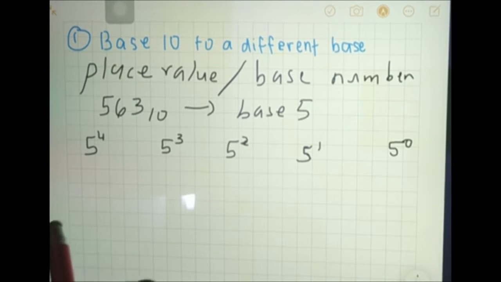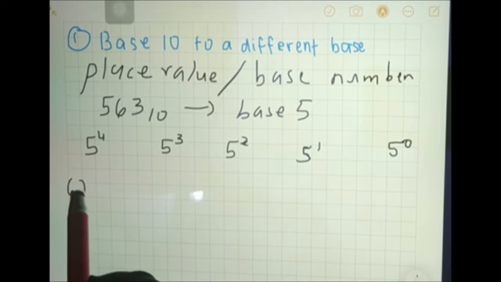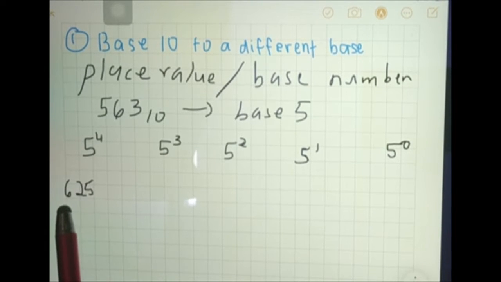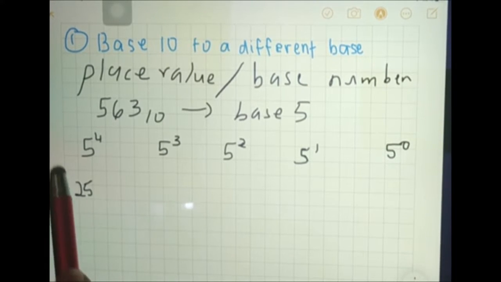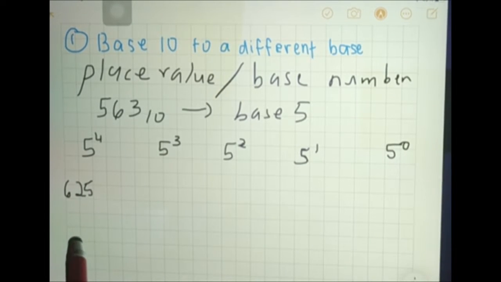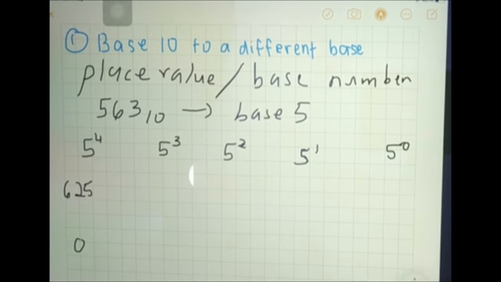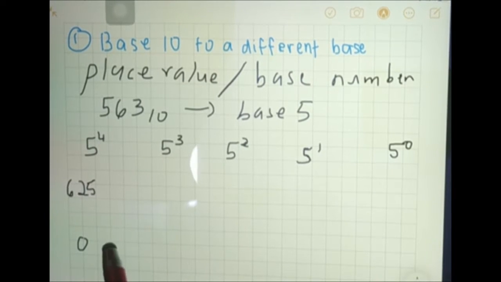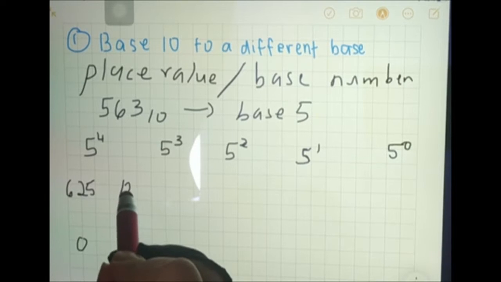So we start here. 5 to the power of 4 is 625. Now we cannot divide this number with 625, as 625 is a bigger number than 563. So here we write 0. 5 to the power of 3 is 125.